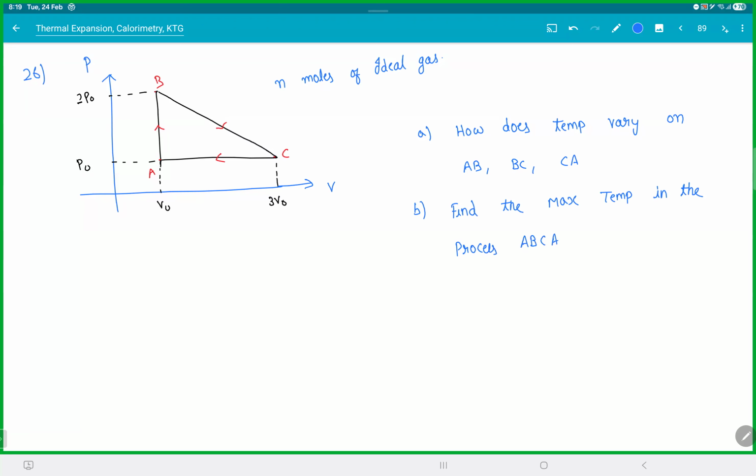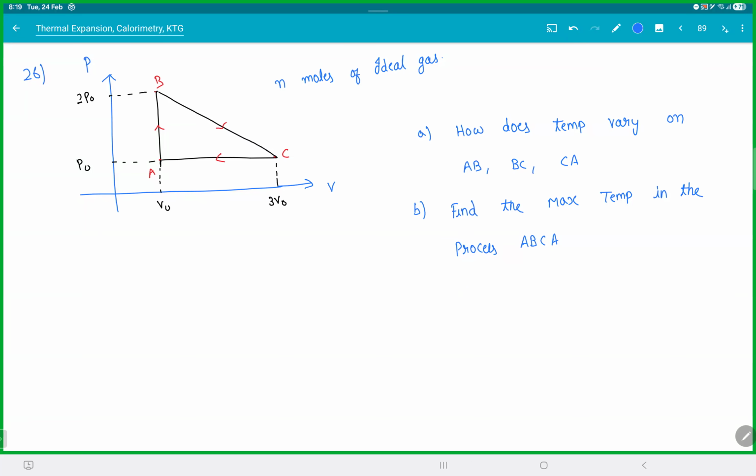The second one is the actual question. The first one is still fine, a decent theoretical one. So the first question is, how does the temperature vary when you go from A to B? Options will be: always increases, always decreases, increases and decreases, decreases and increases, remains constant. First part is right, Ishman.